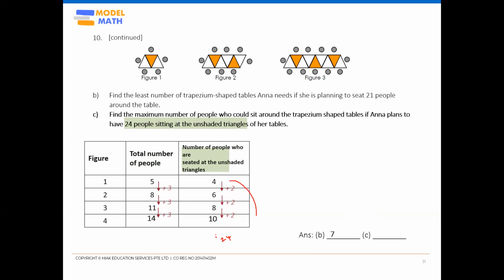So you have to first find out the total increase, like what we did earlier on. To find this total increase, I have to use 24 minus the 4 people at the start. So now I know that this is a plus 20. It's an increase of 20 people starting from the first figure number.